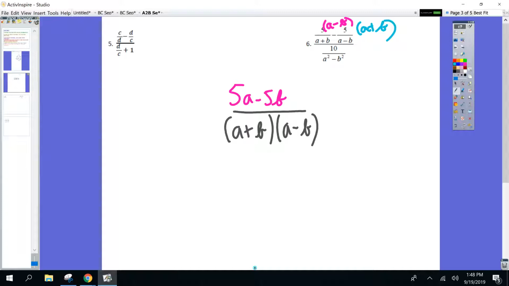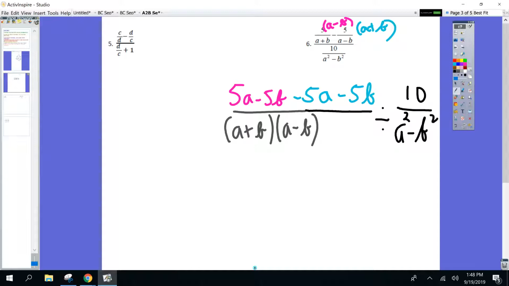Keep talking to me. I'm ready to multiply, but what are you going to tell me to multiply by? Thank you. A -5. You have to distribute a -5 here. So minus 5A and minus 5B. All divided by 10 over A squared minus B squared.